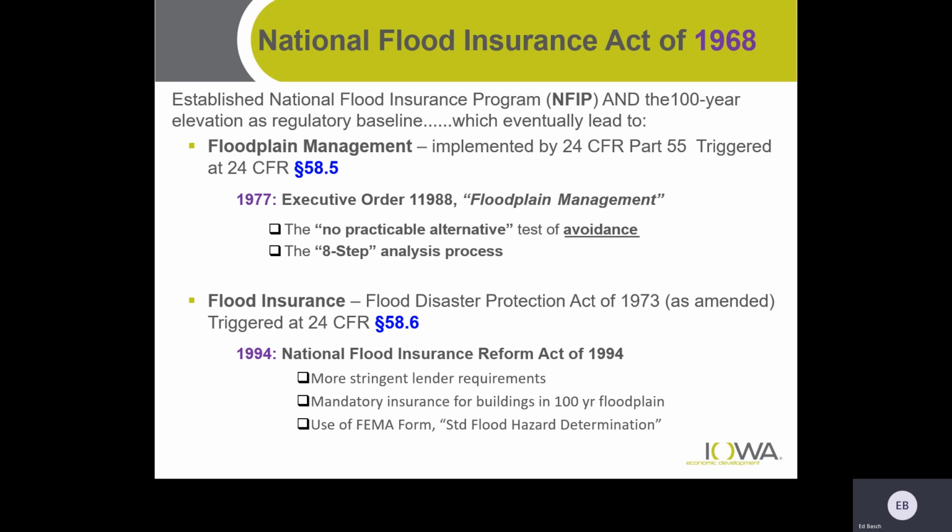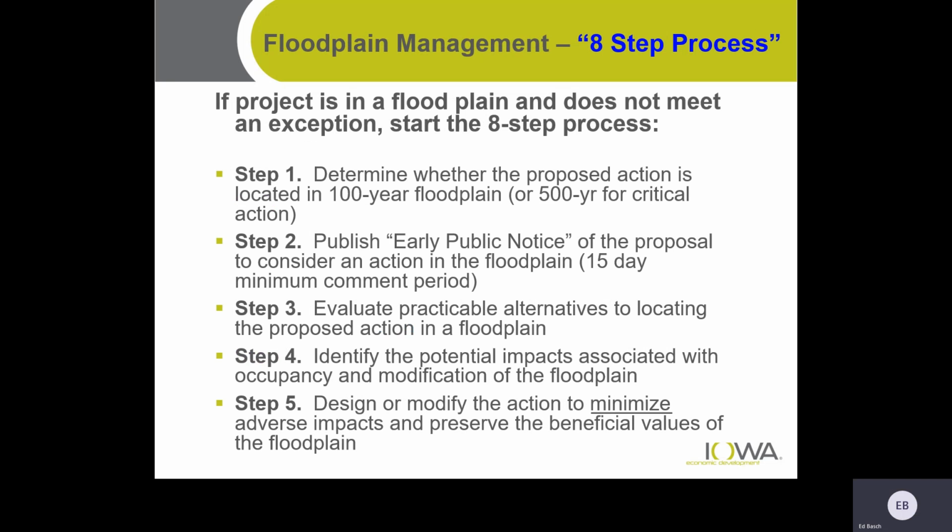And that is referenced at CFR 58.6. If you have a project that is in a floodplain and does not meet one of the exceptions that we'll talk about here in a few minutes, you have to go through what's called the 8-step process.